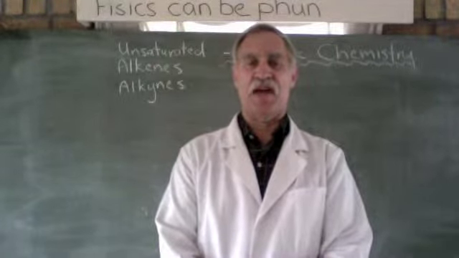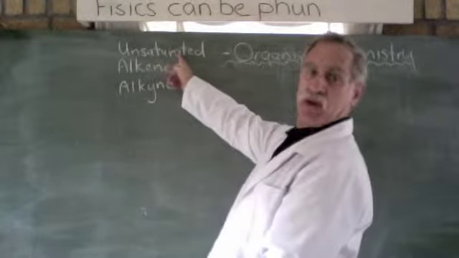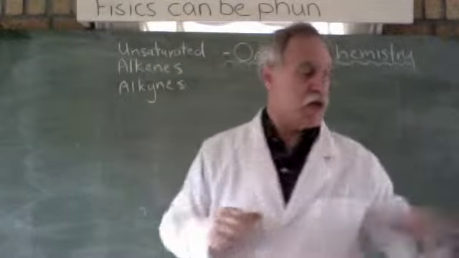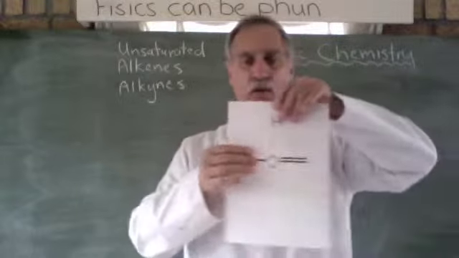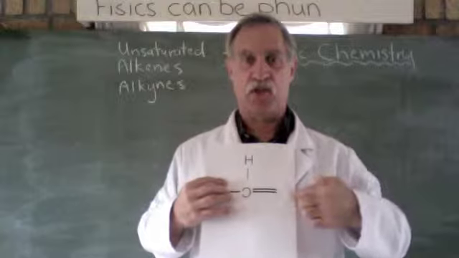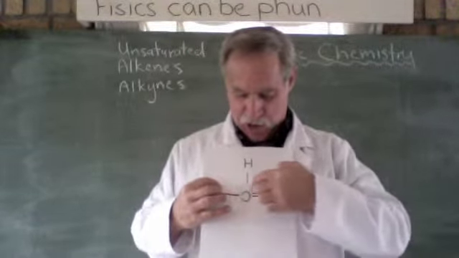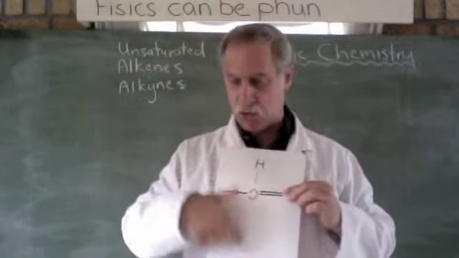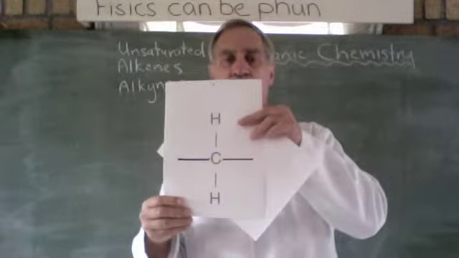I'm continuing with organic chemistry, and we're talking about the unsaturated hydrocarbons, namely the alkenes and the alkynes. Now, the alkenes are carbons with double bonds attached to other carbons. So that's what we call unsaturated when we have double bonds or triple bonds. So if we just have single bonds, then they are saturated.